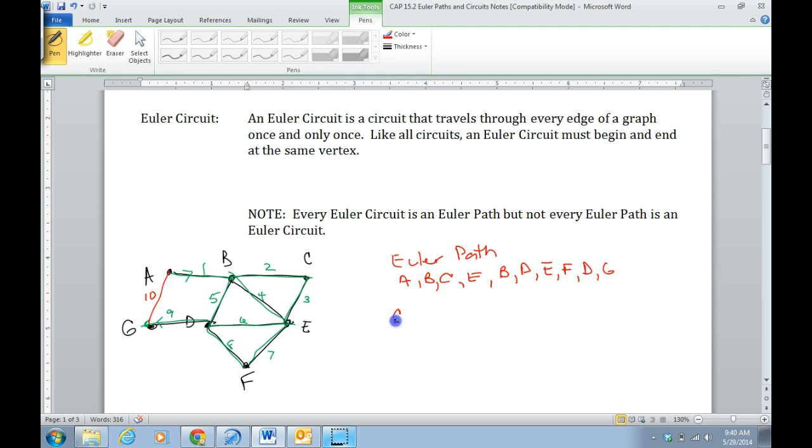The circuit would have been the same thing, but with the addition of back to A again. And notice how I'm just separating the vertices by a comma. It was an Euler circuit.